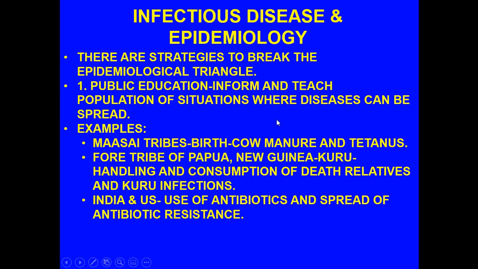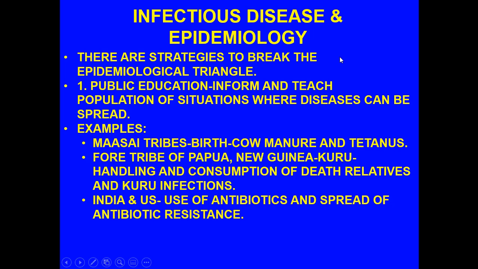Now, there are strategies to break the epidemiological triangle, and we're going to focus on the epidemiological triangle only. First, public education. Sometimes you have to inform and teach the population of situations where diseases can be spread. Here's a couple of examples.